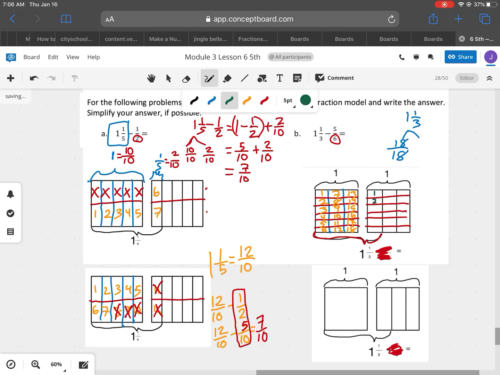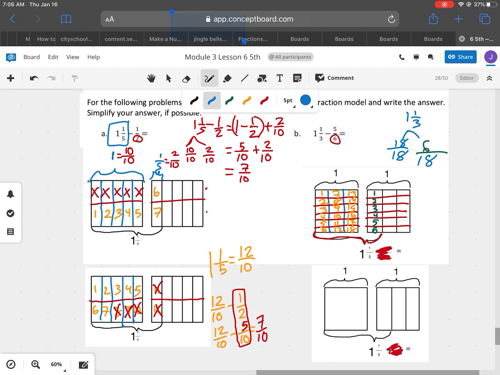Again, 1, 2, 3, 4, 5, 6, and since they're all 18, that's 18. So 1 and 1/3 is actually 18/18 plus 6/18.